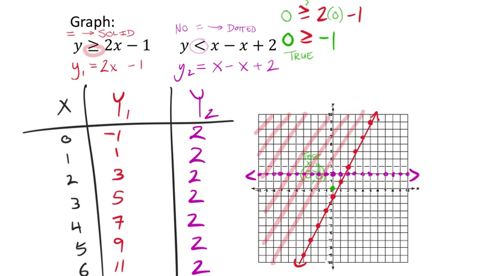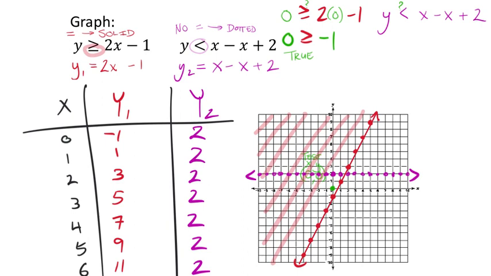But now we've got to do some shading, and as usual, I'm going to test my origin, which is below the purple line. Again, if it's true, then I'll shade below. If it's false, then I'll shade above. Let's see if it is true or false. So we go back to the original inequality, which was y is less than negative x plus 2. And I am checking on this one for truthfulness.